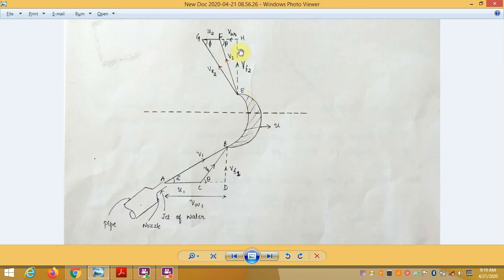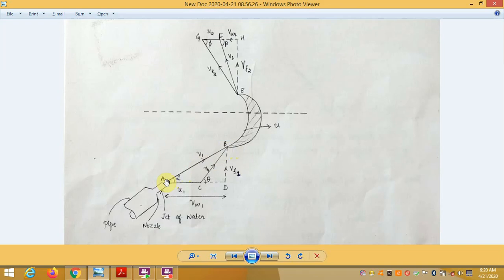So for the construction of the velocity triangle, let us select a point. I am selecting this point A and drawing a line AB. This line from A to B will be the inlet of the jet.